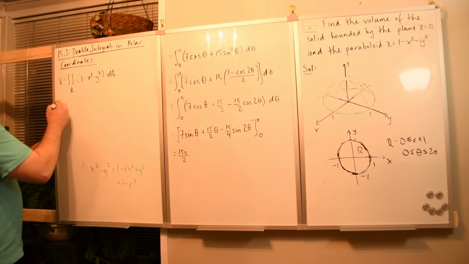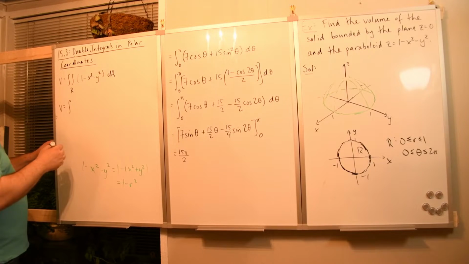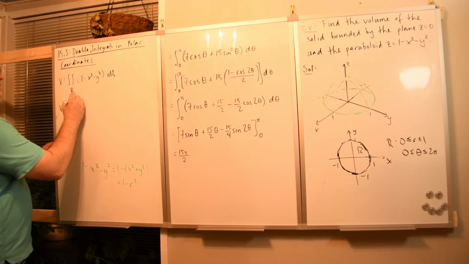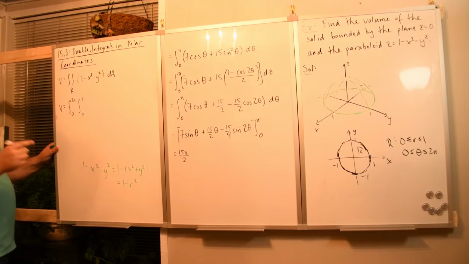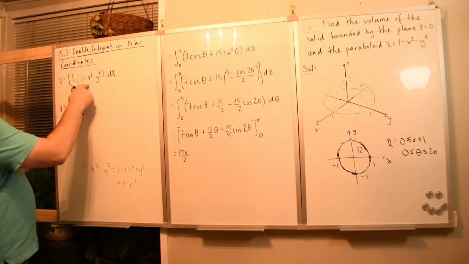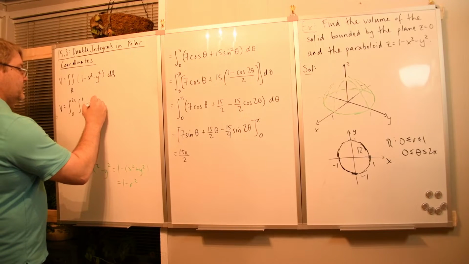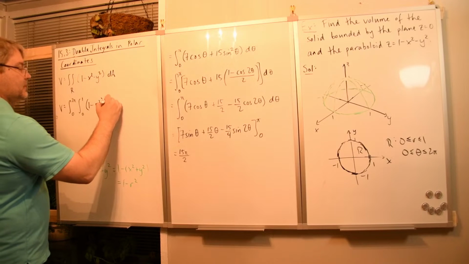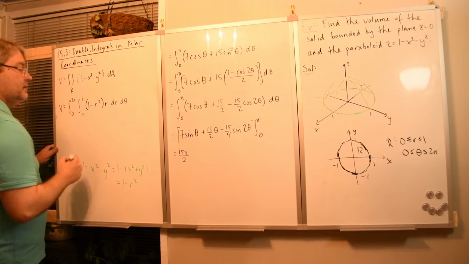So when we think about this volume, we've got the integral 0 to 2 pi on the outside, integral 0 to 1 on the inside, 1 minus x squared minus y squared, same thing as 1 minus r squared, and then the dA is the same thing as r dr d theta.